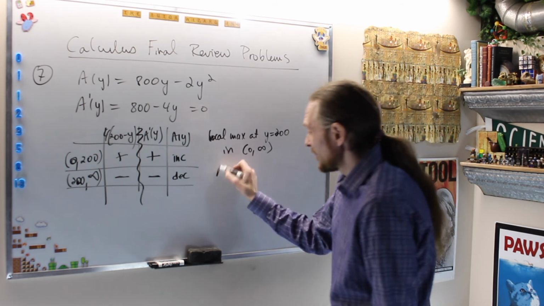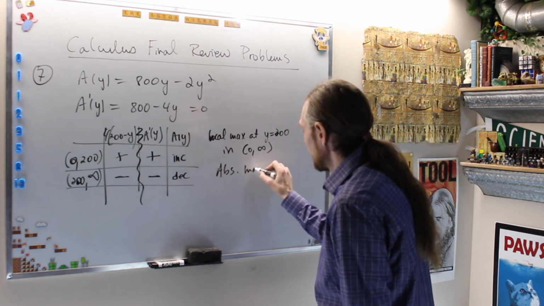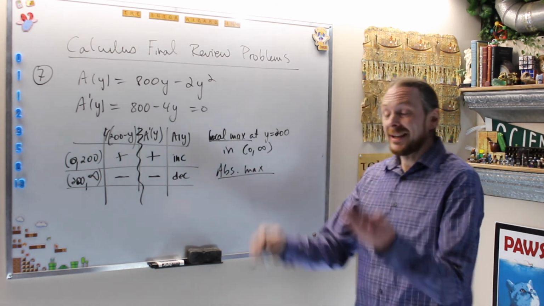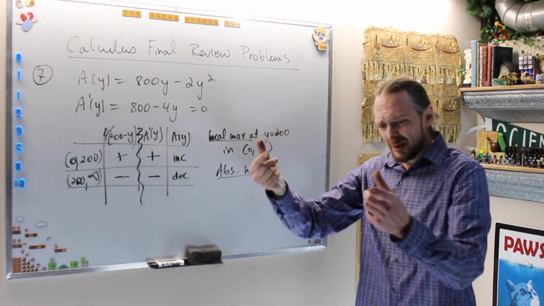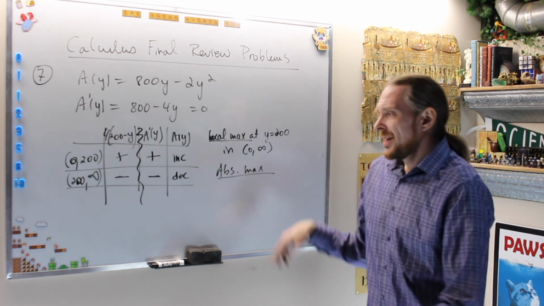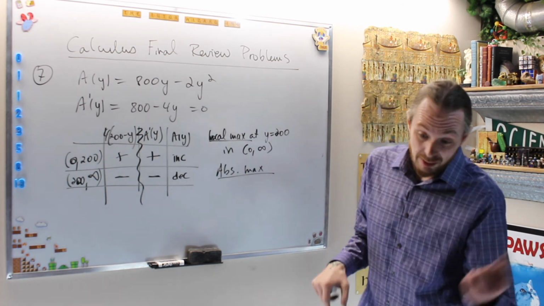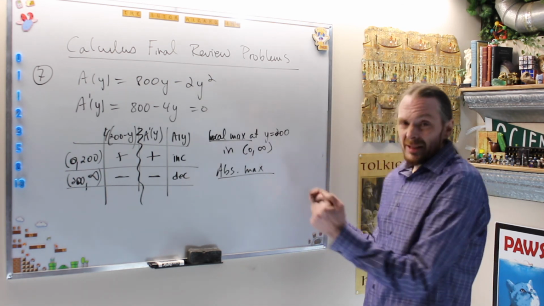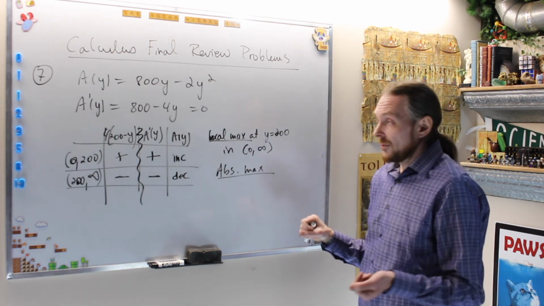We want it to be an absolute max. How do I change it from a local max to an absolute max? In a closed interval, you just check the boundary points and all critical numbers and we're done. But at these boundary points, we have 0 and then infinity as our boundaries, and it's open, so I can't use the closed interval method for this.